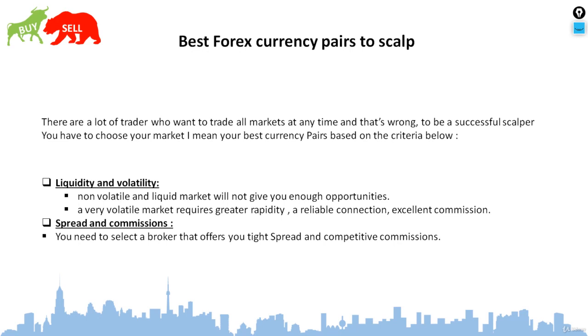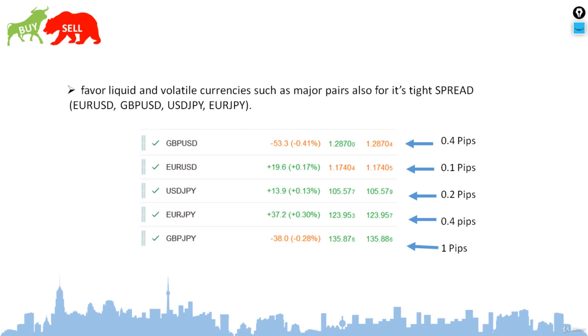So you need to have a plan for how to handle that in a perfect way. You have to favor liquid and volatile currencies such as major pairs, also for their tight spread, like Euro USD, GBP USD, USD JPY, or Euro JPY.